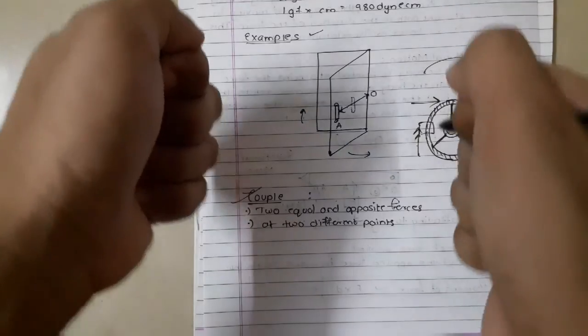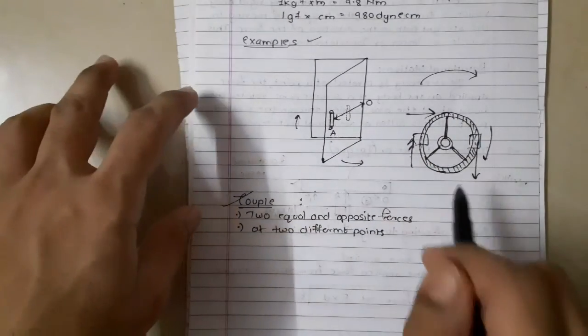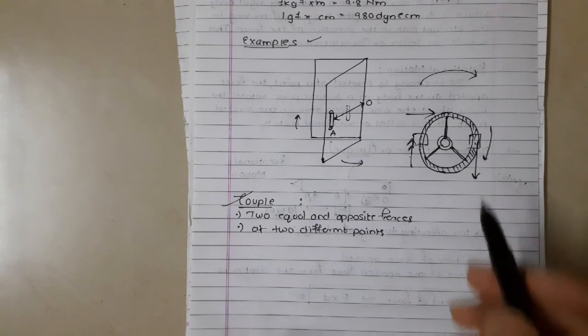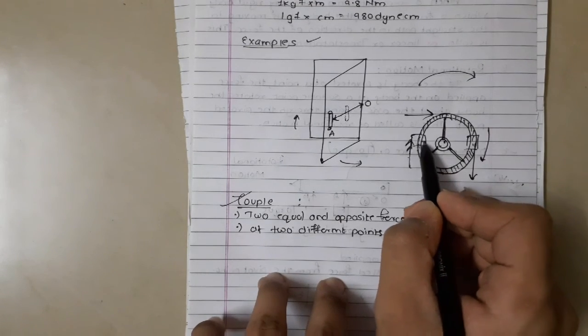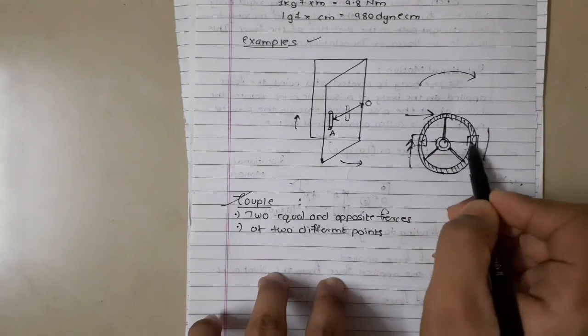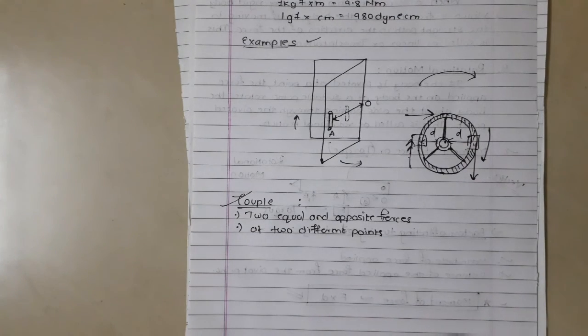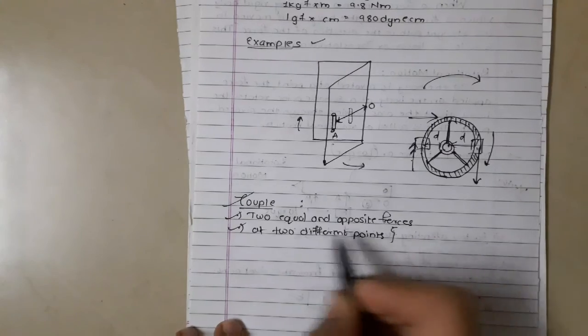We do exactly this so that the body starts to rotate because of the equal and opposite forces at two distinct points from the pivot point. Remember, the distance of the two forces from the pivot point must be the same, otherwise the couple will not work properly in the system. Okay, the distance.